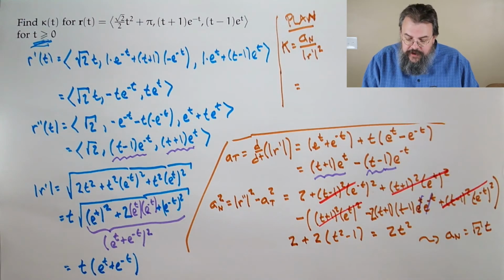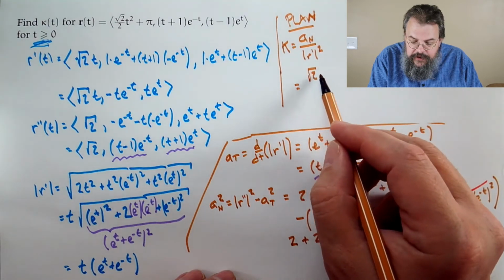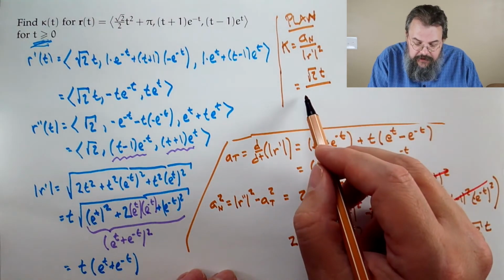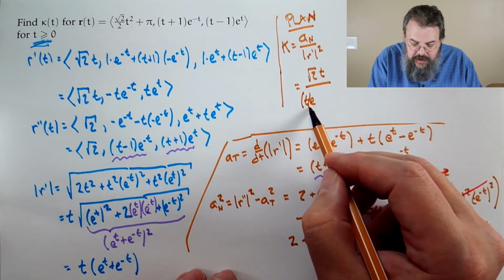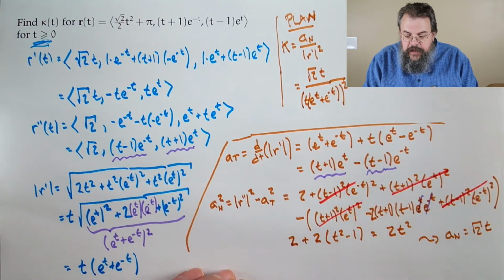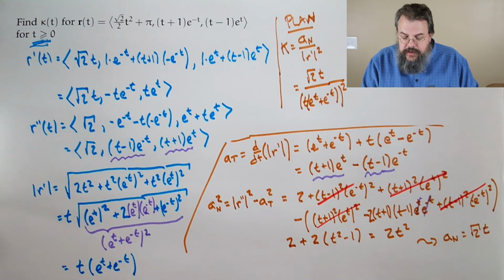So we put it all together, and what do we have? Well, we have our a sub n upstairs, square root of 2 times t, and then downstairs, what do we have? Well, we have t times e to the t plus e to the minus t squared. Now, we can do one more thing if we wanted to. Let's see.